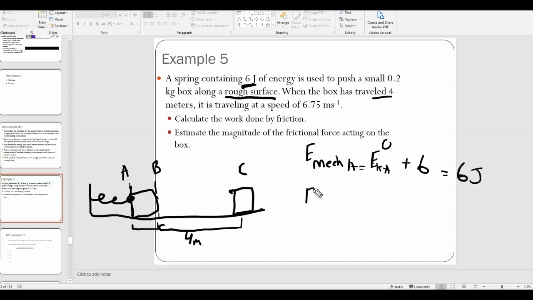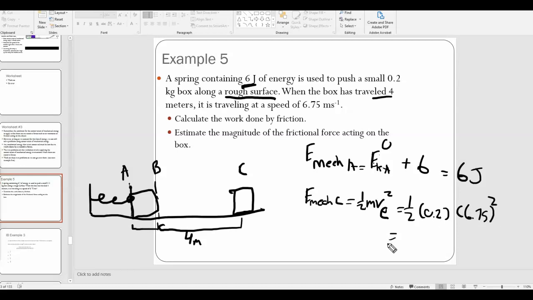Now, what about the mechanical energy at C after it's slid 4 meters? Well, that would be 1/2 mvc squared. There's no more spring over here and there's no height, so the only type of mechanical energy it has is kinetic energy. Okay, so 1/2 times 0.2 times 6.75 squared.